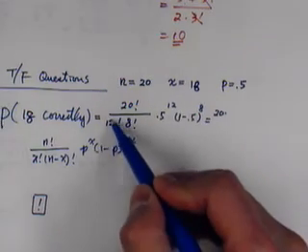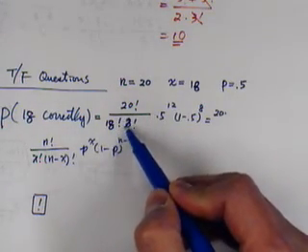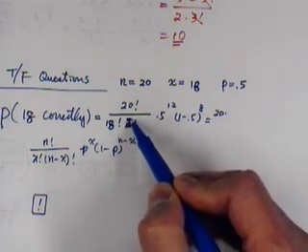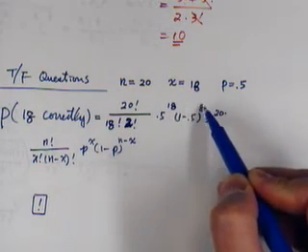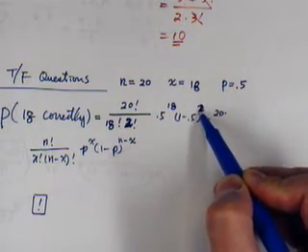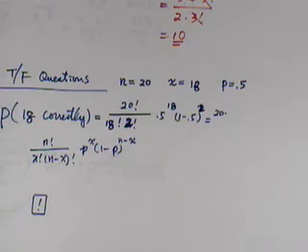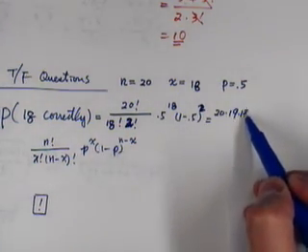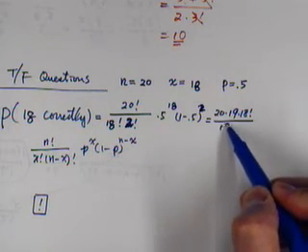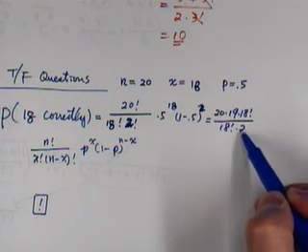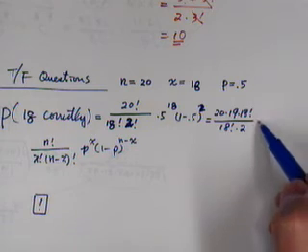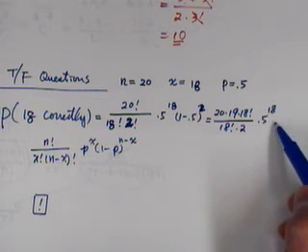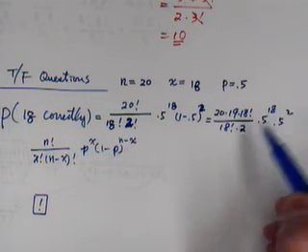Then this will be what? 18. This will be 2, right? This will be 18. This would be 2 again. And because of that, the calculation will be easier, right? It'll be 20 times 19 times 18 factorial. And we have 18 factorial times 2 factorial, that is 2. Okay? Then we have 0.5 raised to the 18, and then 1 minus 0.5 is 0.5 raised to the second power.